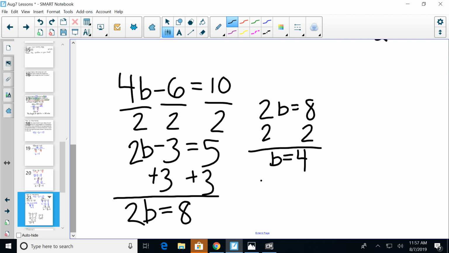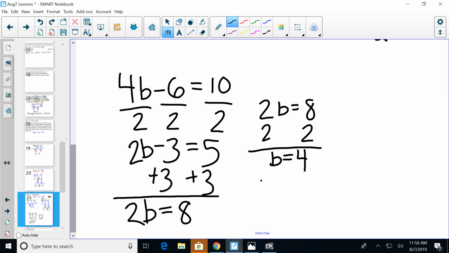All right, so take a look at what's on the board. One of your classmates decided, I don't want to deal with fractions at all. So she used the division property of equality first, so she didn't have any fractions. That was smart, wasn't it? It's very genius. So notice we did the same problem.